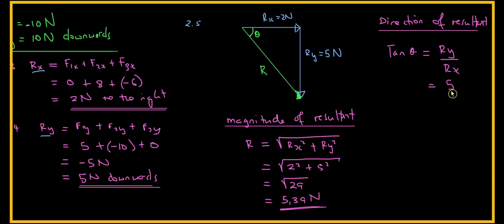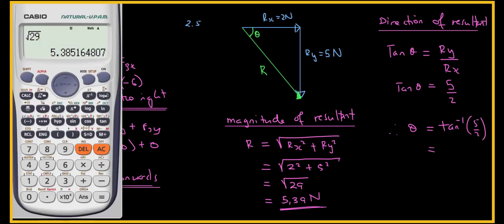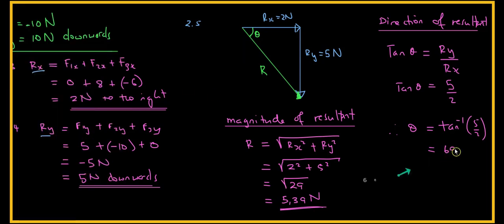So I have 5 over 2 for tan theta. Therefore, my theta would be equal to the arctan, or the tan inverse, of 5 over 2. That will give me 69.2 if I round off to 2 decimal places.